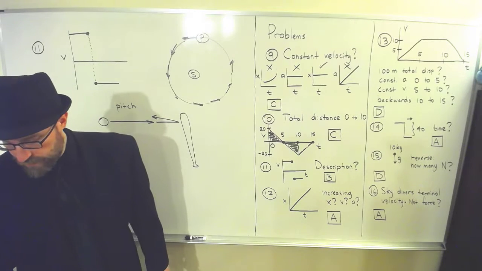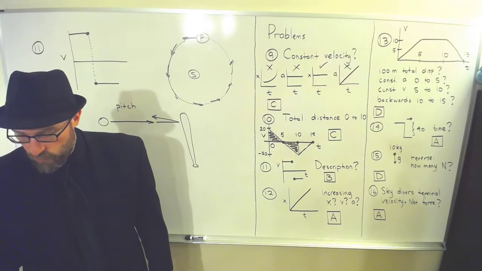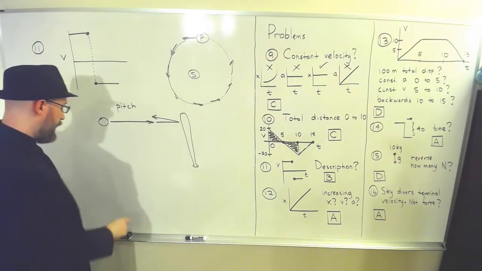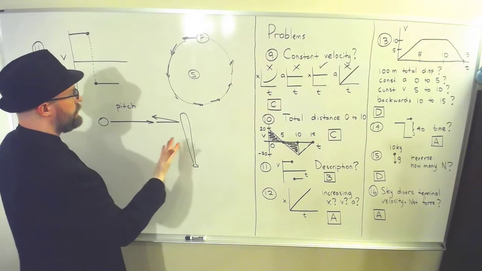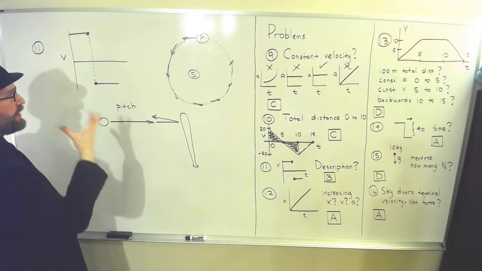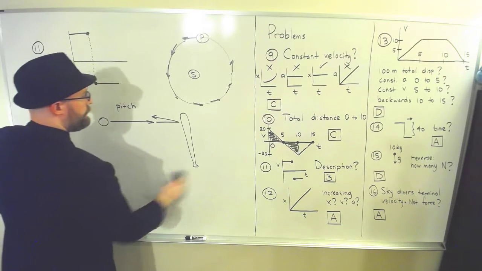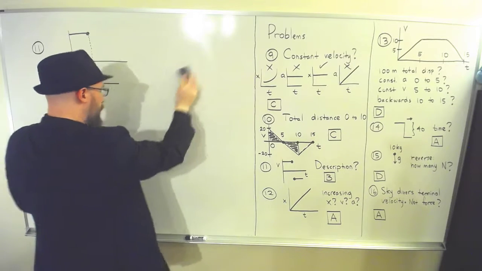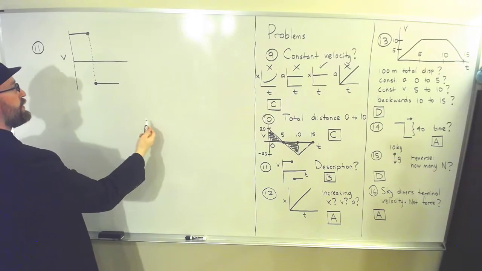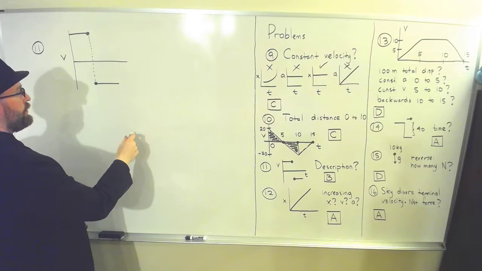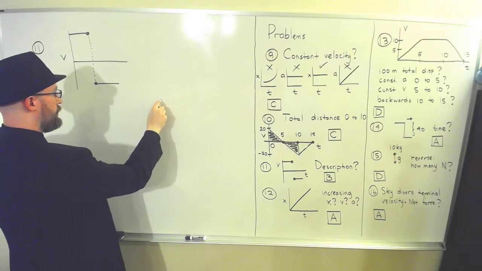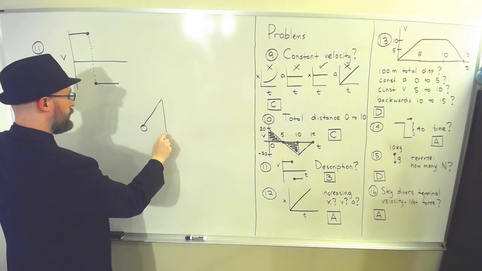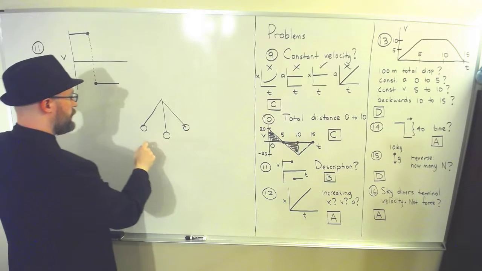And then the last one is one swing of a pendulum. And again, that's not a good description because that's something that's changing gradually. So here's your pendulum, and it swings like this, and then it swings here.